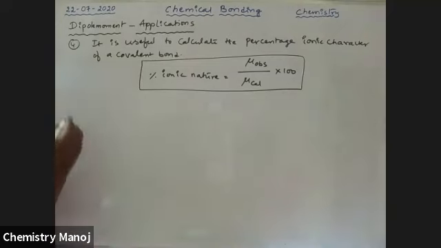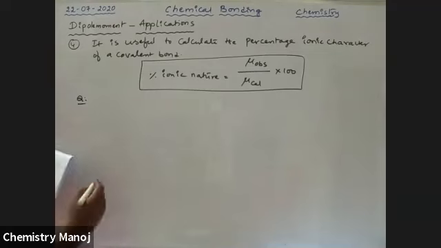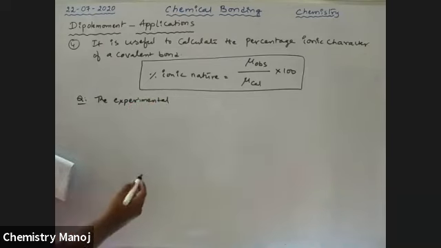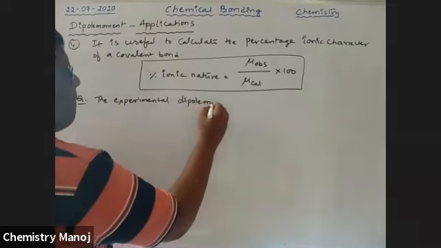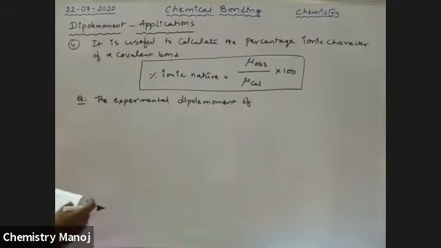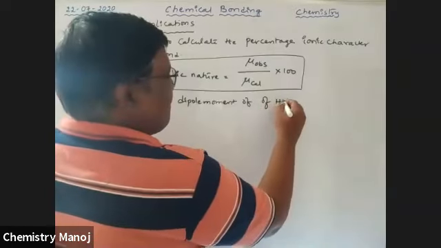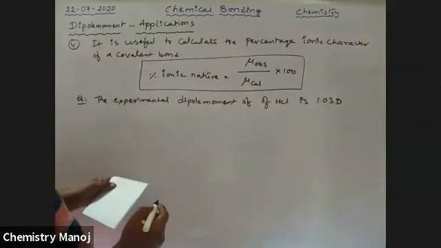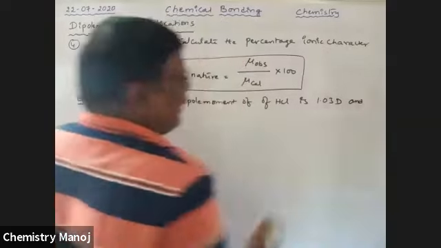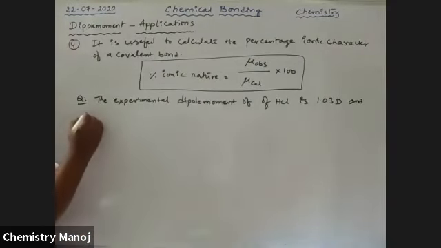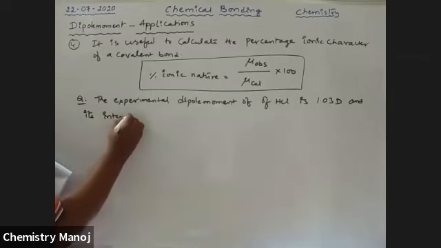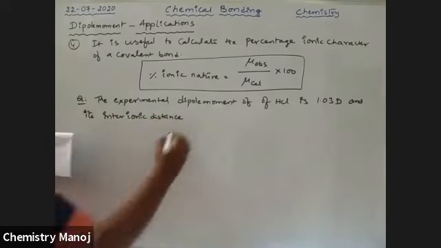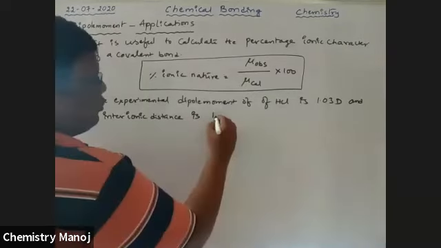The experimental dipole moment of HCl is 1.03 debye, and its interionic distance is 1.27 angstroms.